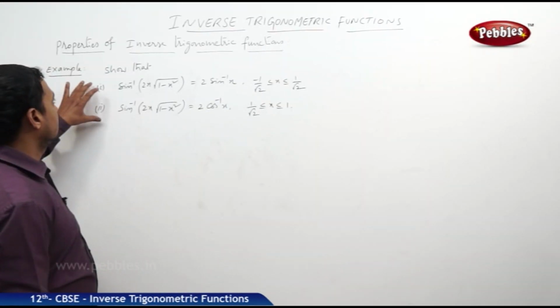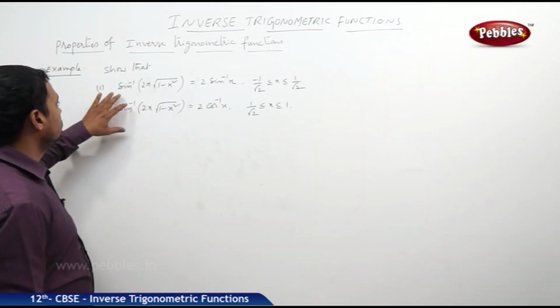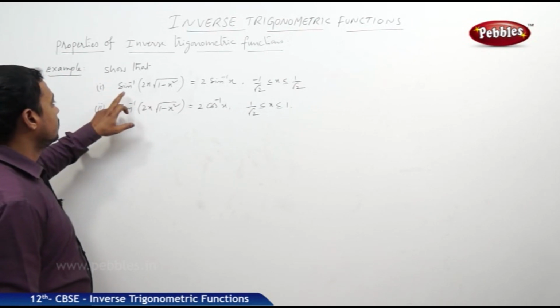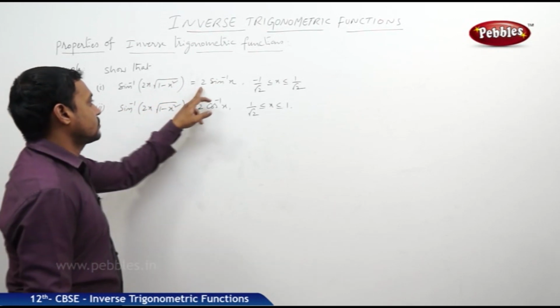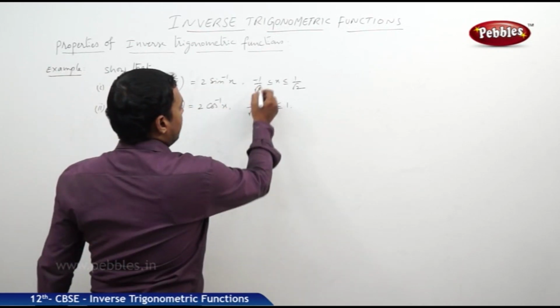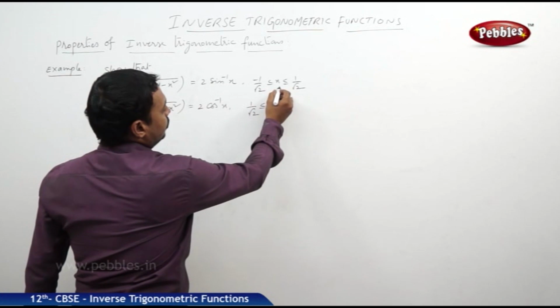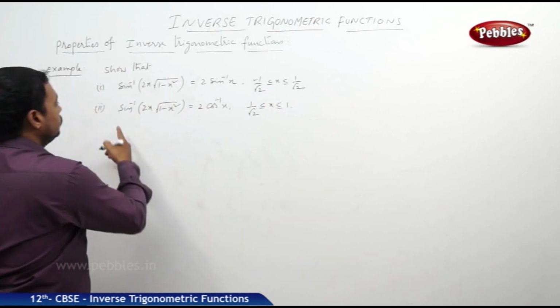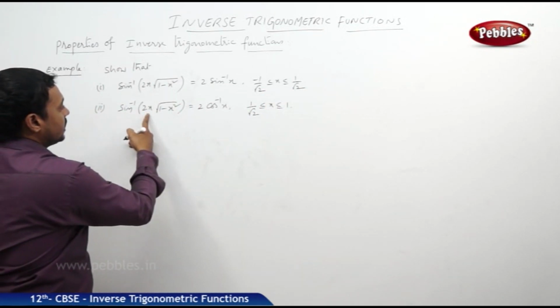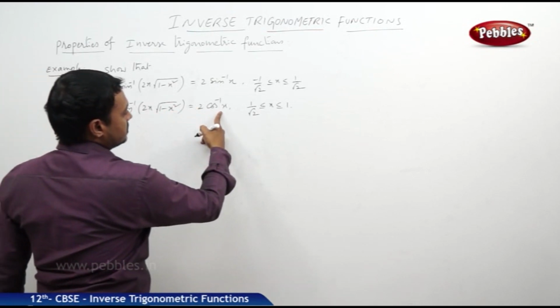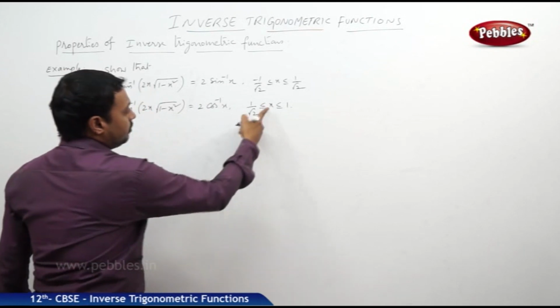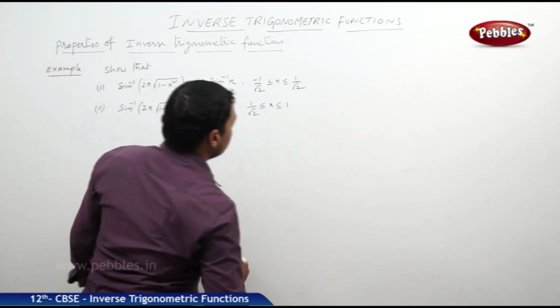Now here is an example problem. Show that sin inverse of 2x into root of 1 minus x square is 2 sin inverse x for minus 1 by root 2 less than or equal to x less than or equal to 1 by root 2, and sin inverse of 2x into root 1 minus x square is equal to 2 cos inverse x when 1 by root 2 less than or equal to x less than or equal to 1.